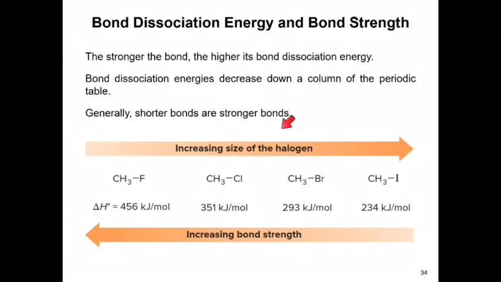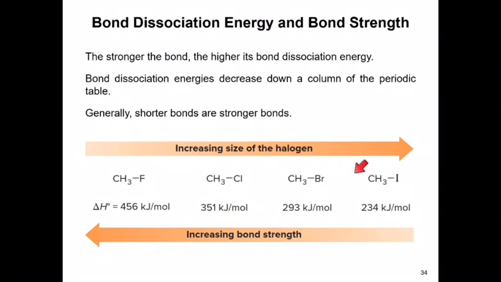So here's a diagram that shows you the relationship between the size of the halogen and the strength of the bond. According to the trend in atomic size, the fluorine atom is the smallest and the iodine atom is the largest. That means the carbon to fluorine bond is the shortest and the carbon to iodine bond is the longest.